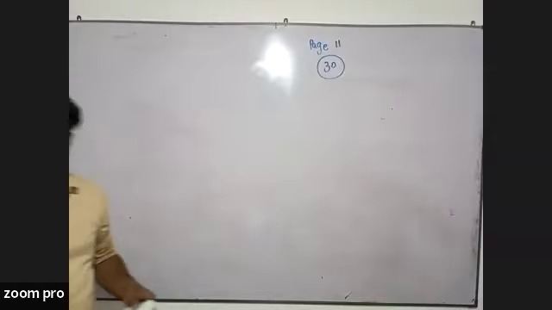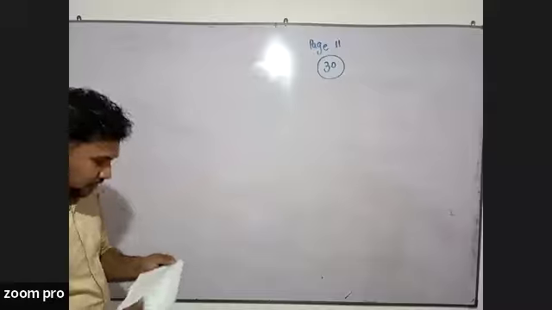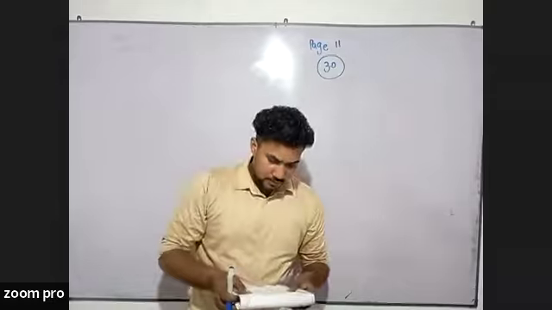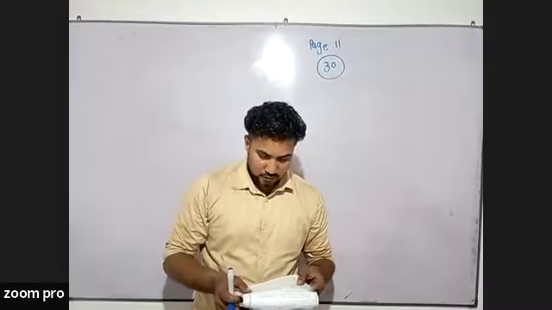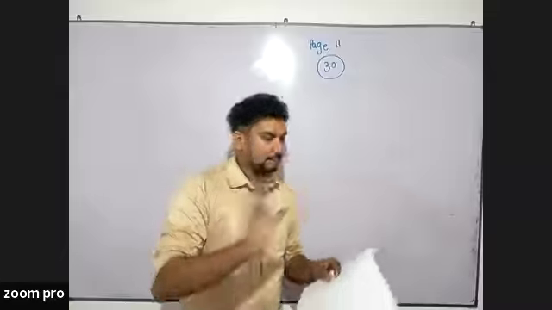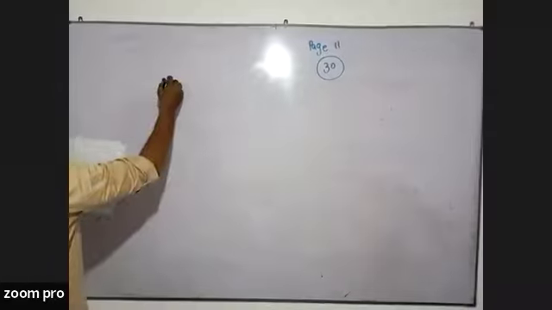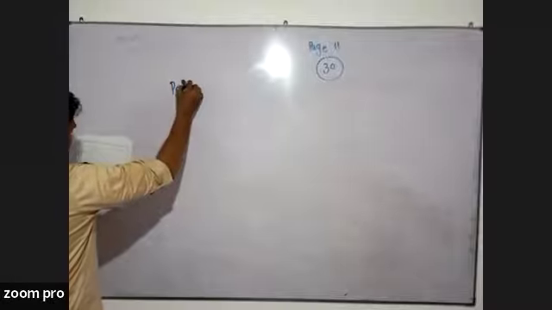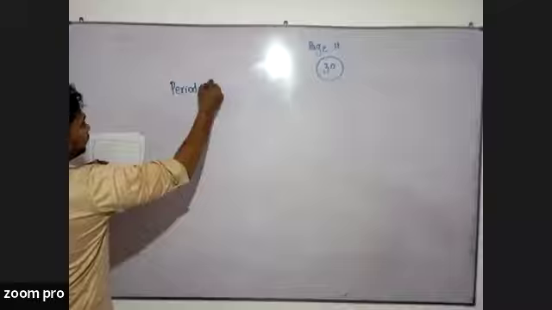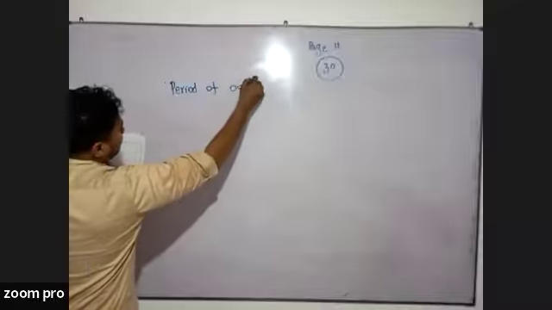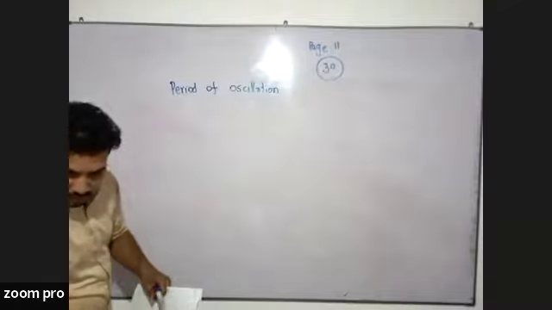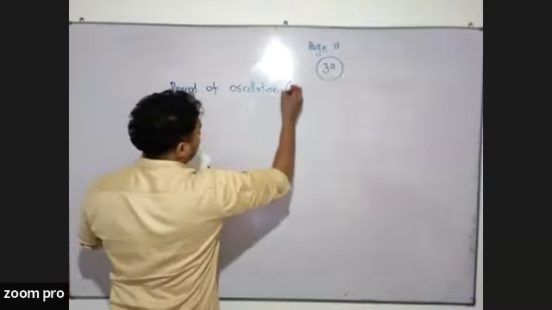Right. So I want to tell you that in the 30th question, it is assumed that the period of oscillation of a simple pendulum depends on the following quantities, right? So first of all, period of oscillations. Guys, period of oscillation should be capital T, right?